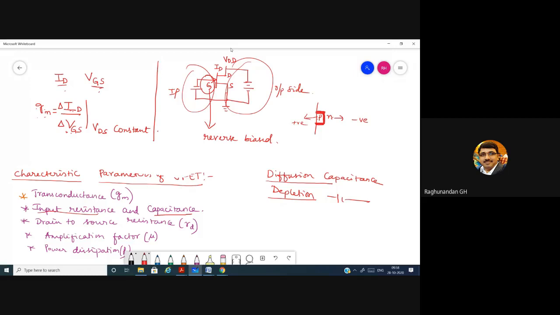Depletion capacitance always occurs whenever a PN junction is reverse biased. Diffusion capacitance is exhibited whenever the PN junction is forward biased. So now can you tell me whether we can experience a depletion capacitance or diffusion capacitance in a JFET?